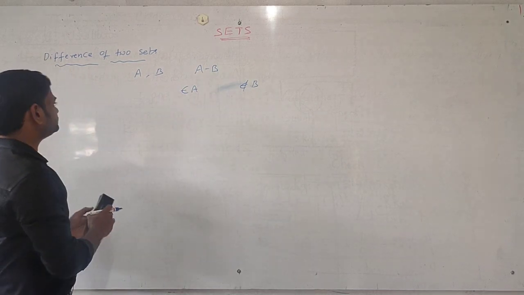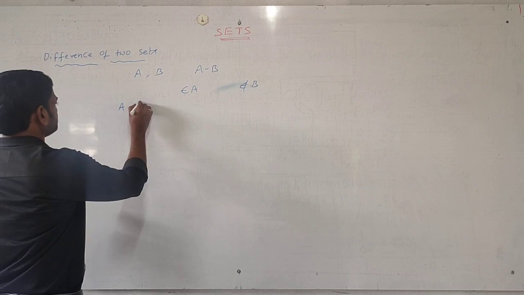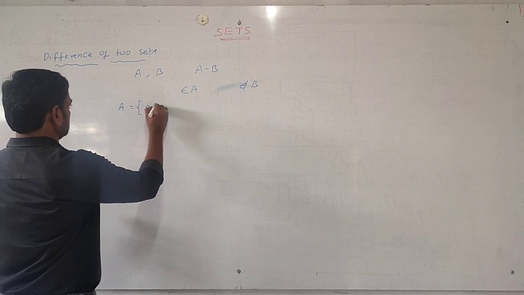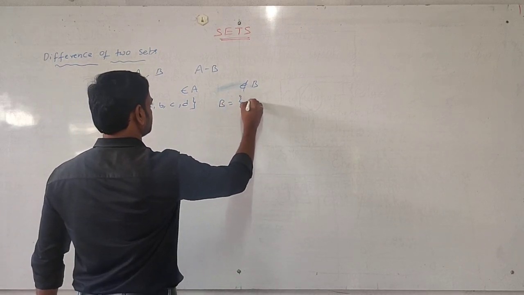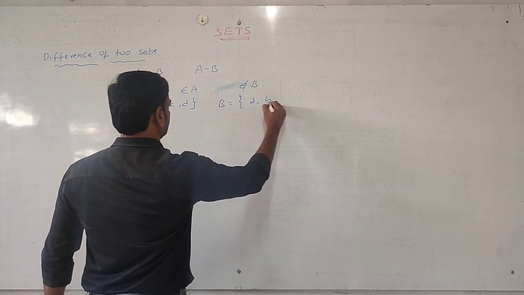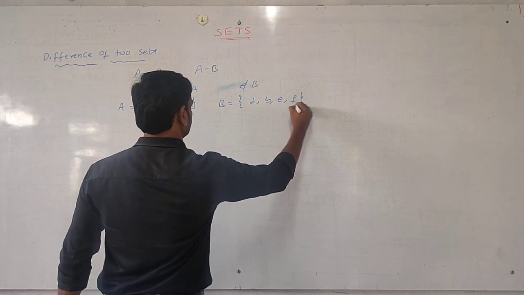See the example here. Capital A is {A, B, C, D}. B is {D, B, E, F}.